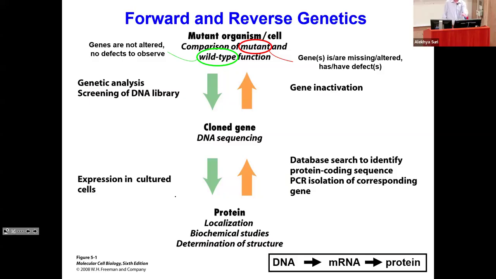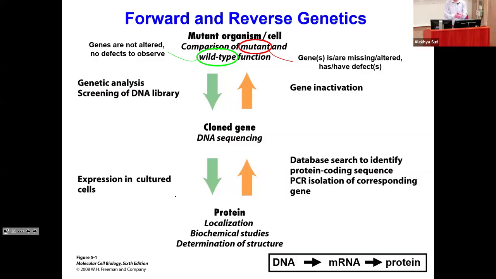So we have these two kinds of organisms. Then you can do a screening of, for example, DNA libraries, which I will briefly mention later, to obtain the gene. So this means gene cloning.